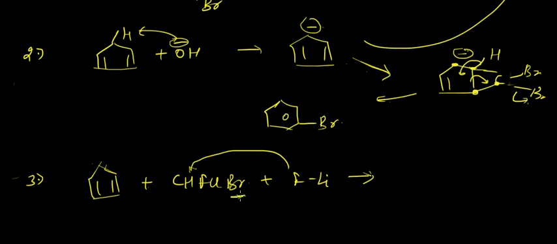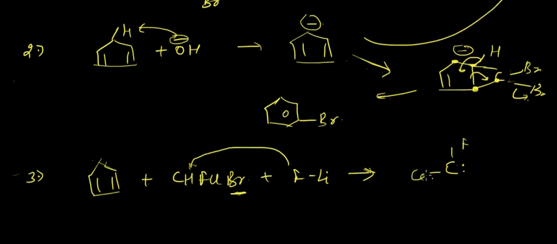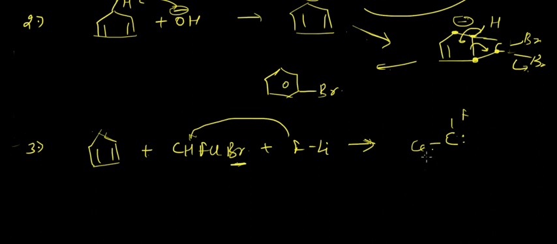The Br minus would be leaving because it's the best leaving group, because Br minus is the most stable among Cl minus and F minus, hence we will get a carbene like this, with F and Cl here, and this carbene would actually also be attacking the hydrogen atom, which is attached to the ring with two double bonds, and we'll get a negative charge here.